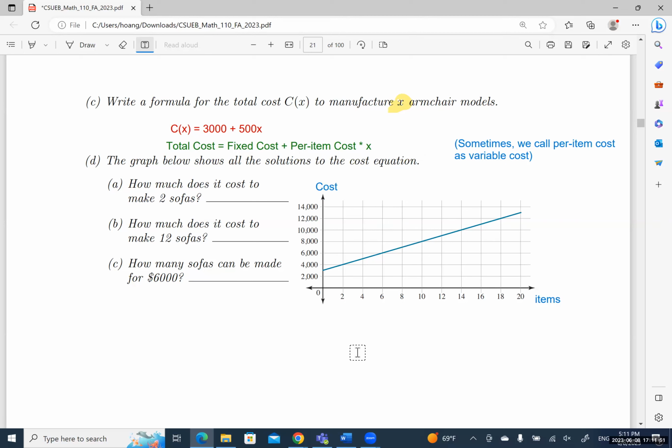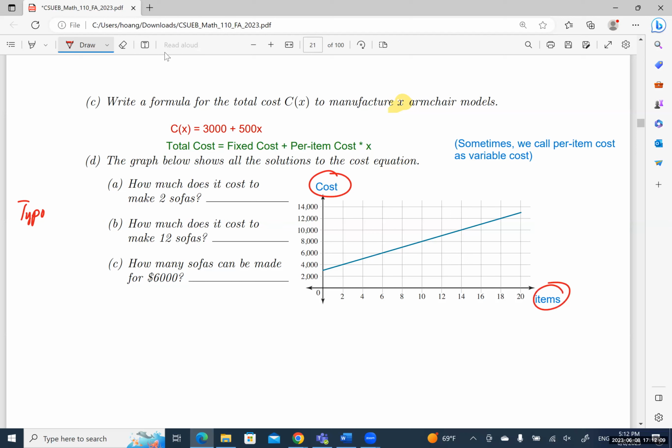So I will add the missing labels for costs and items.